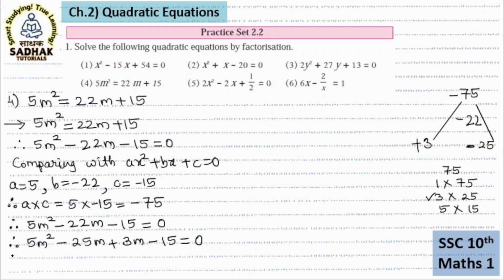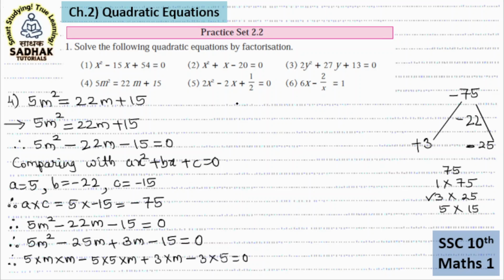Okay, so suppose if I write this in detailed factorization, 5m square I can write as 5 multiplied by m multiplied by m. Okay, 25m I can write as 5 multiplied by 5 multiplied by m. Same way 3m I can write as 3 multiplied by m, and 15 I can write as 3 multiplied by 5 is equal to 0.